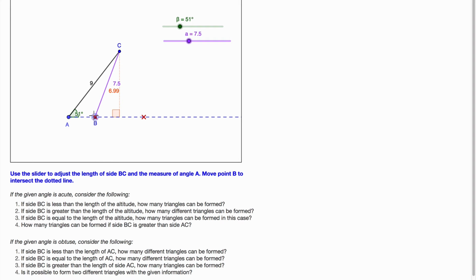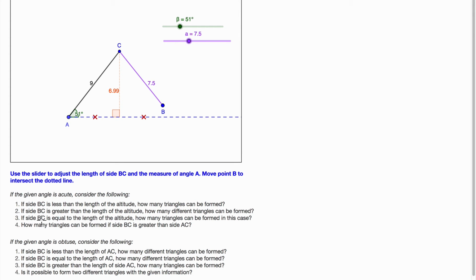So there are two possibilities for the triangle, and when you have a situation like this, we don't know which of these triangles it's actually talking about. So we have an ambiguous situation.